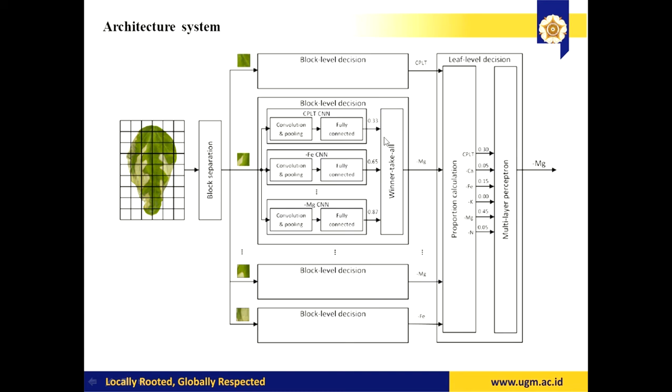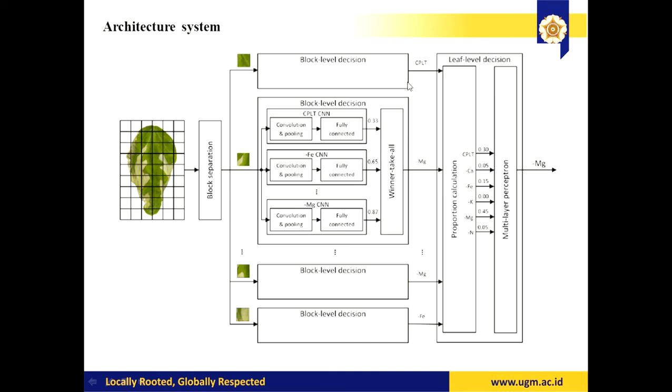From this block, we can see that for CPLT the value is 0.33, for FA it is 0.65, and for Mg, magnesium, it is 0.87. Then we check each value and choose the highest value. From this one, the highest is Mg, magnesium.